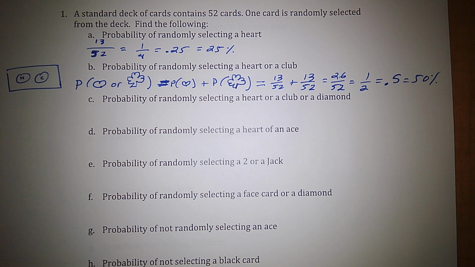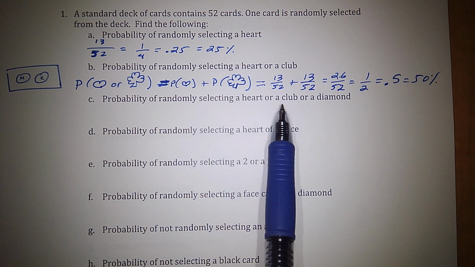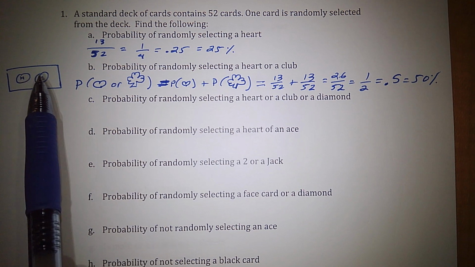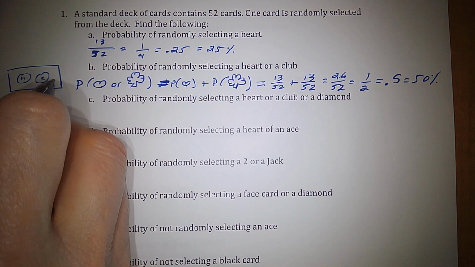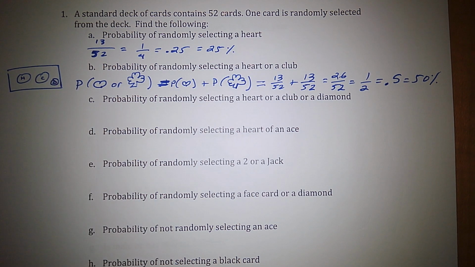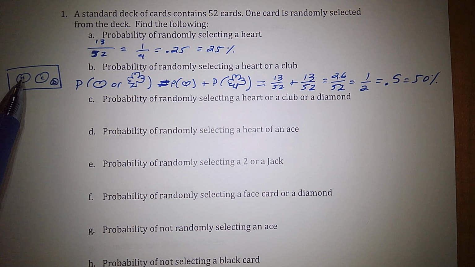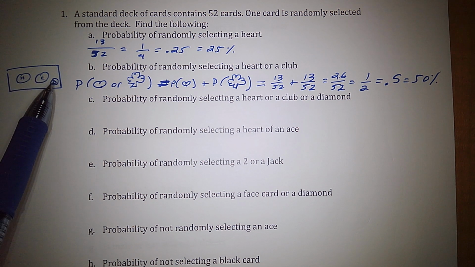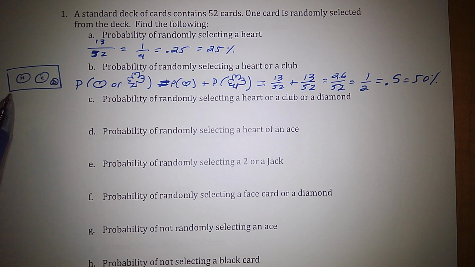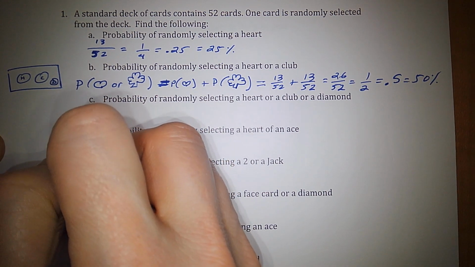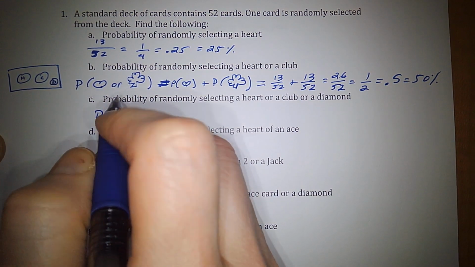How about the probability of randomly selecting a heart or a club or a diamond? Well, just like the picture up here, hearts, clubs, and diamonds, well, diamonds would just be another event out here not joined by any of the others, because there are no cards in the deck that are both hearts and clubs, or clubs and diamonds. They're all mutually exclusive. You can't have multiple suits on one card. Since they're all mutually exclusive, I simply have to add the probabilities of each together.